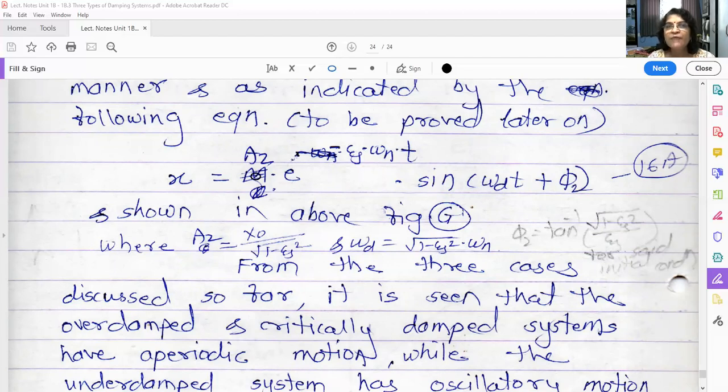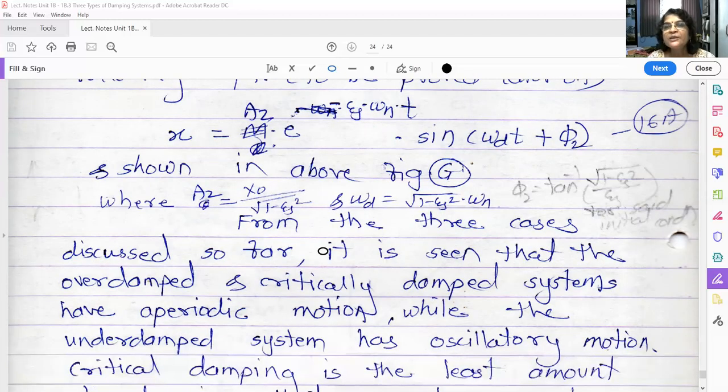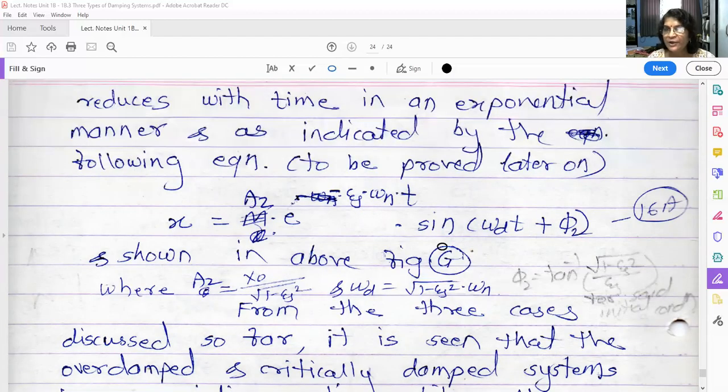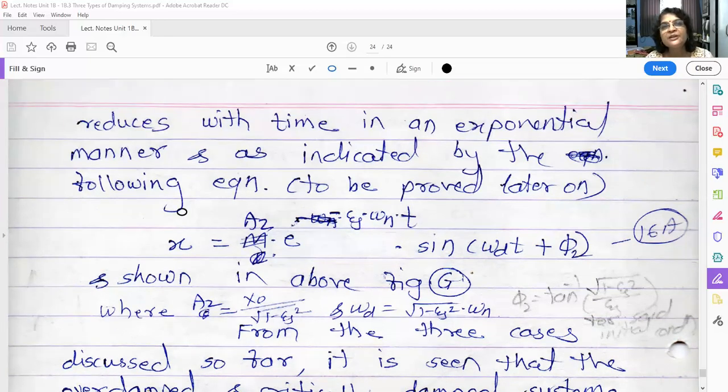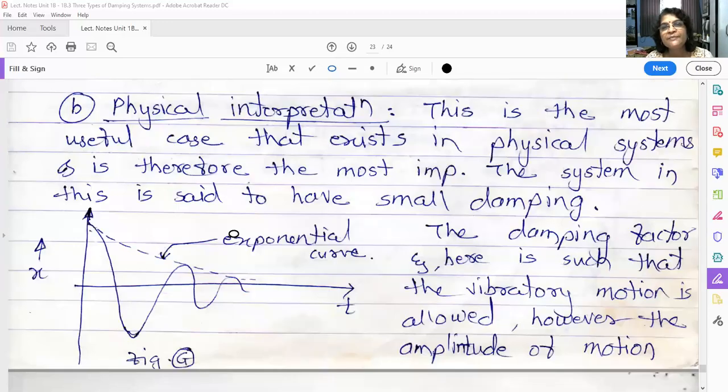And the values of A2 is X0 upon square root of 1 minus zeta square, and phi 2 is equal to tan inverse of square root of 1 minus zeta square upon zeta. Once you put the values of A2 and phi 2, you will get the equation which we have already derived. So this was the physical interpretation of this underdamped system.